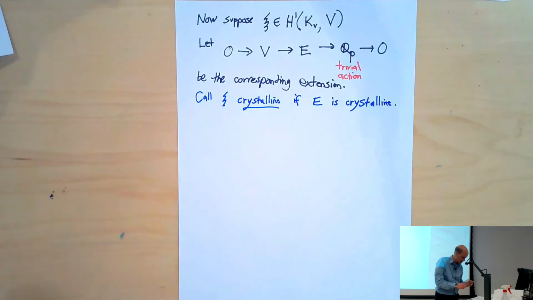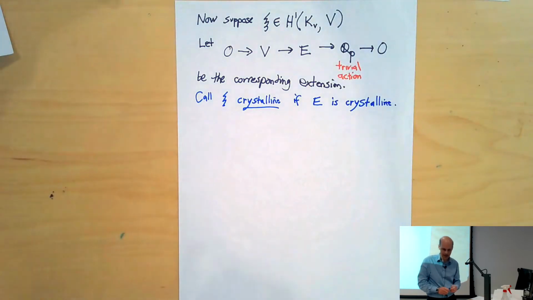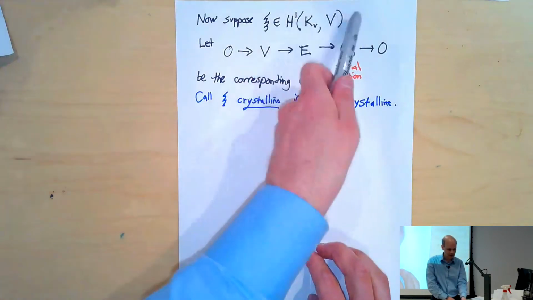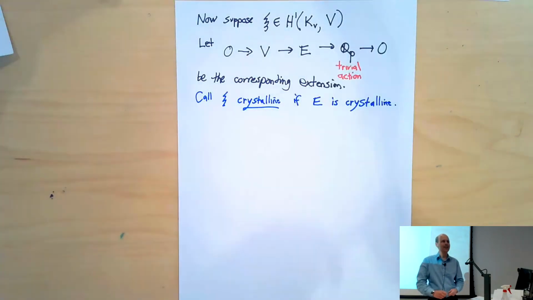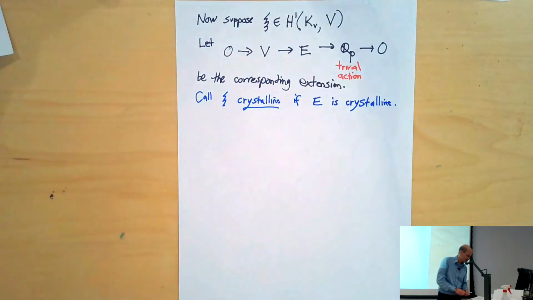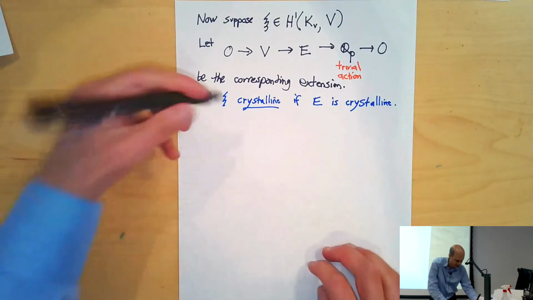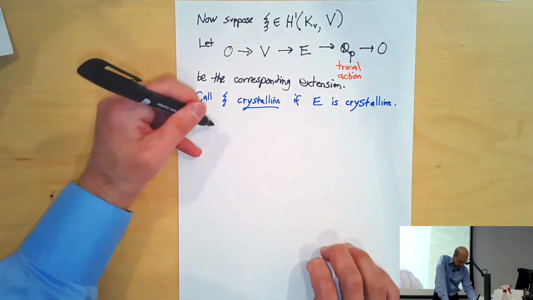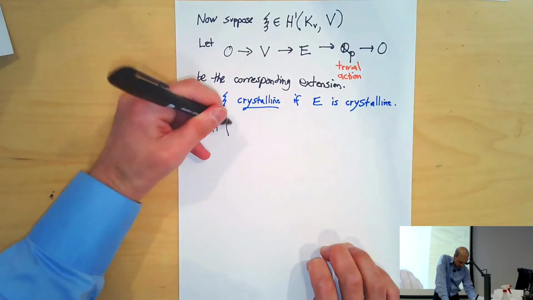There's another way you can define it, by saying it's in the kernel of the map from H1 of V to H1 of B_cris tensor V. Once you have that, you can define the subset of all the crystalline cohomology classes, and that's what Bloch and Kato define.